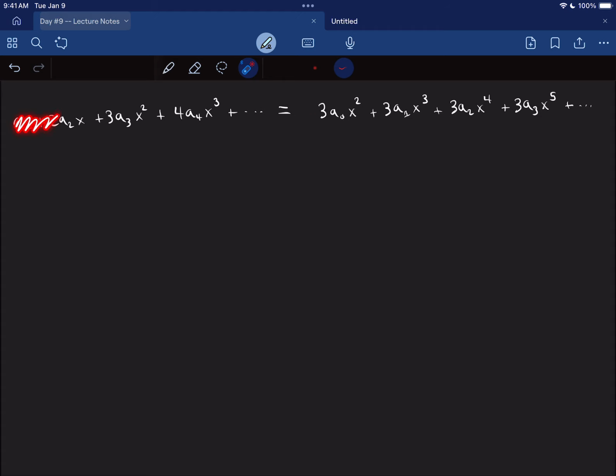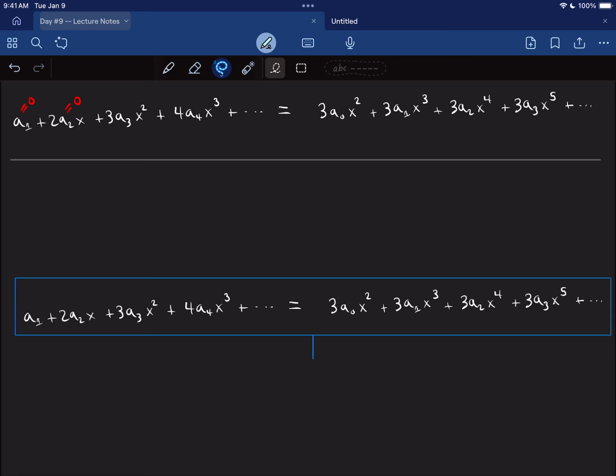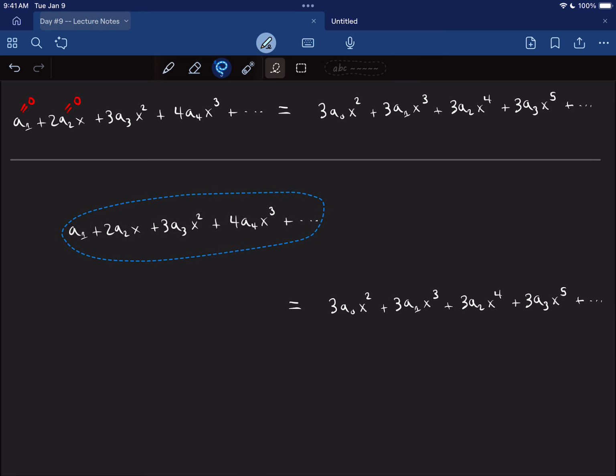And from here, a lot of really, really interesting stuff happens. What I'm going to do real quick is copy down this equation one more time, just so that I can write it in a different way and have it look nice.